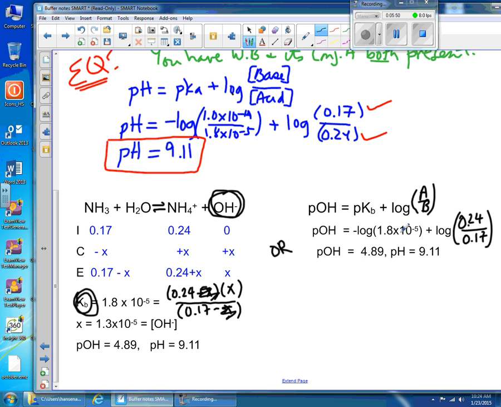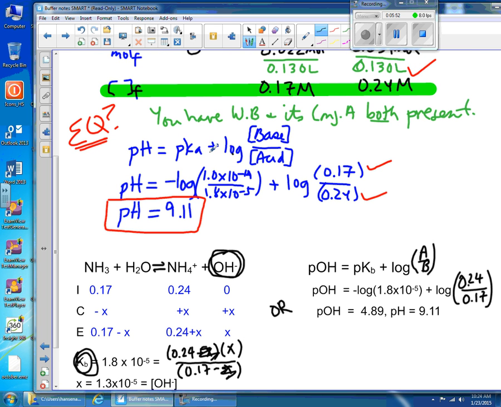And a third method you could use: you can always solve for pH. I suggest that totally, but you could solve for pOH as well, which might make more sense with the base situation. But pOH equals pKb plus log of acid over base. So it's basically the exact same thing, but adjusted or opposite for a base situation.